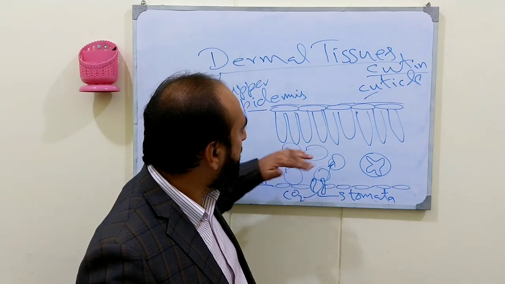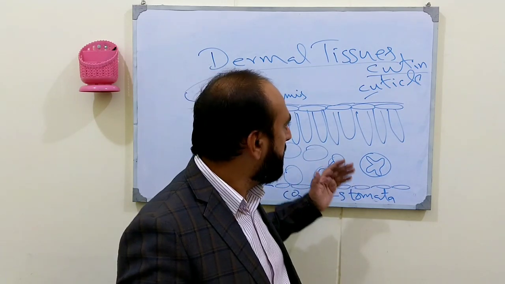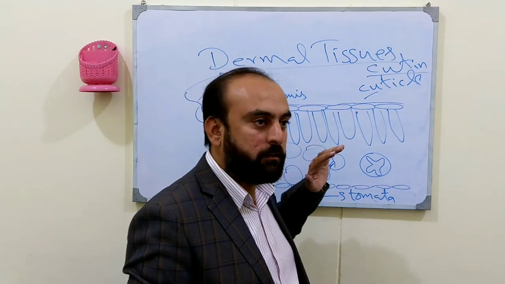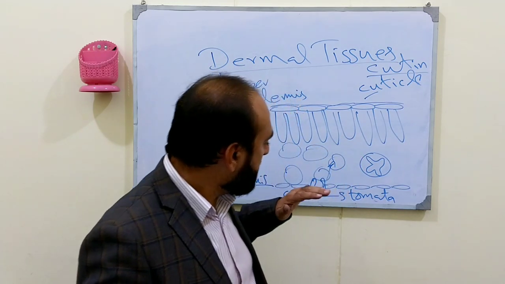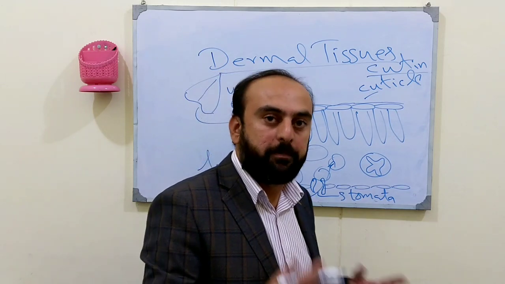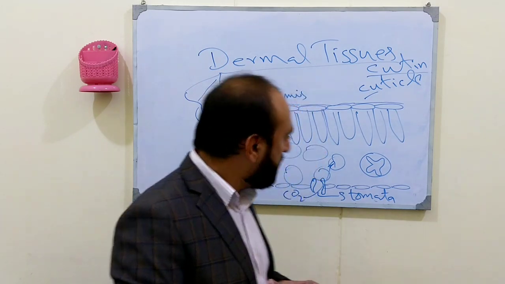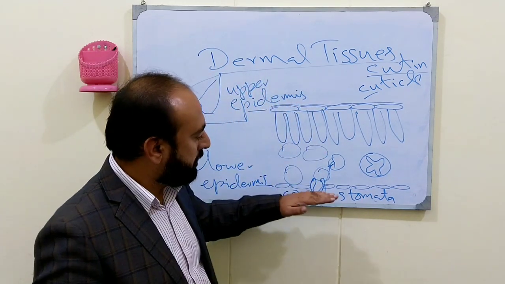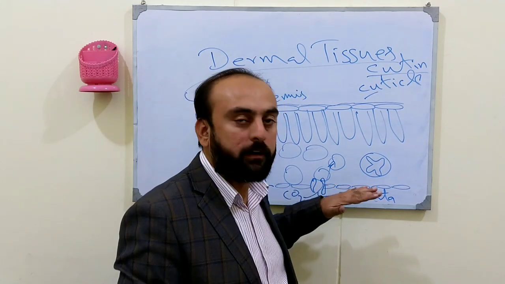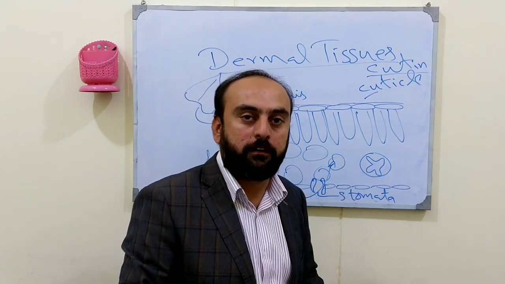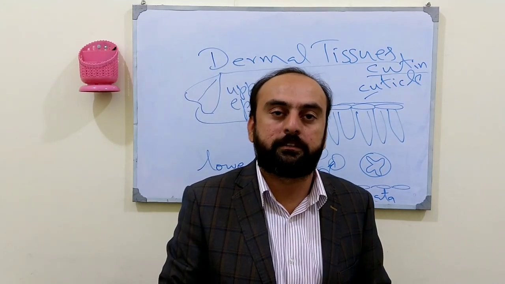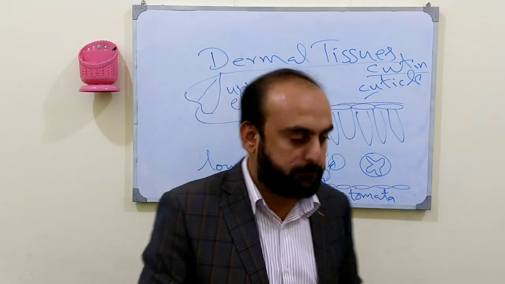So that's how the dermal tissues protect against the loss of water as well as against the temperature stress, making plant able to survive under adverse conditions of heat stress or drought stress.